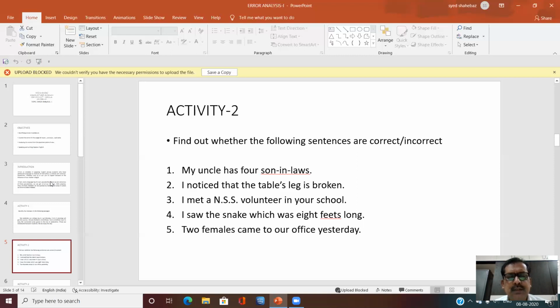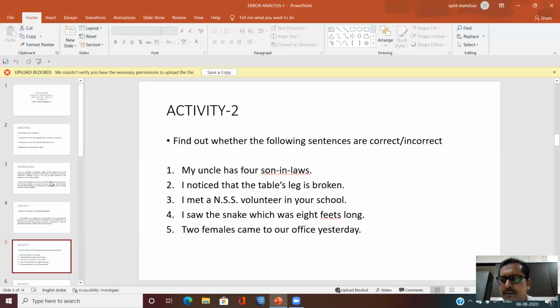Fifth sentence. 2 females came to our office yesterday. So here the word females has to be removed and you can use 2 women or 2 ladies came to our office yesterday, because the word female refers to the gender.